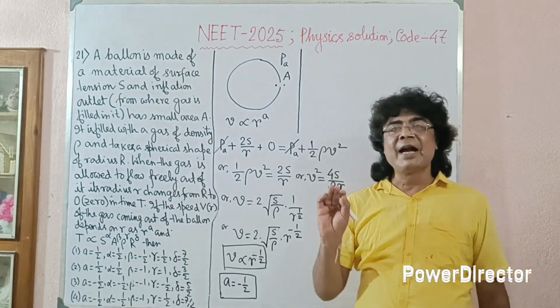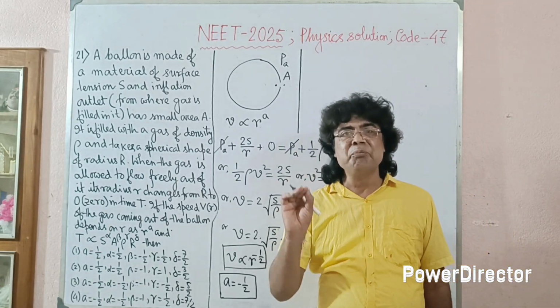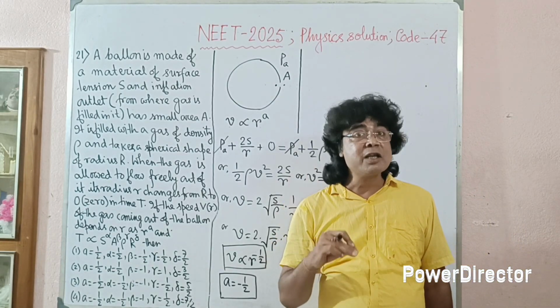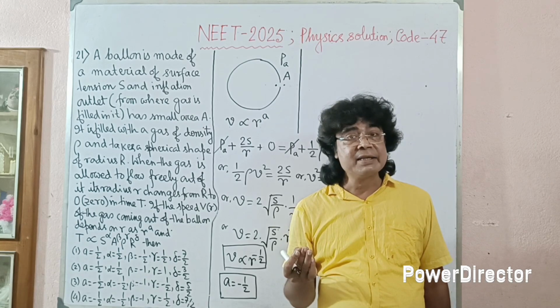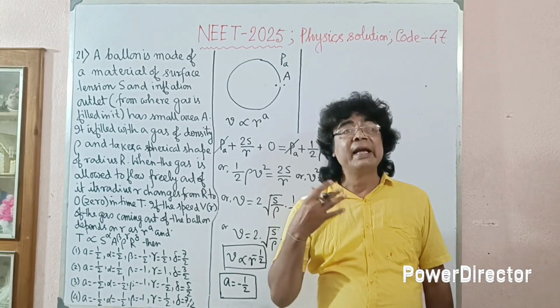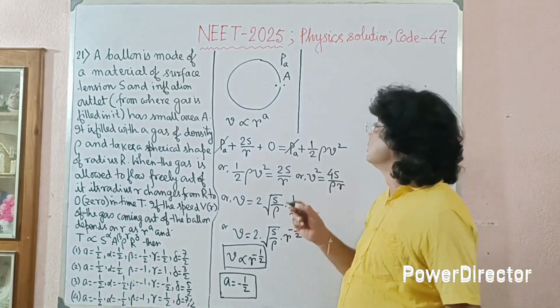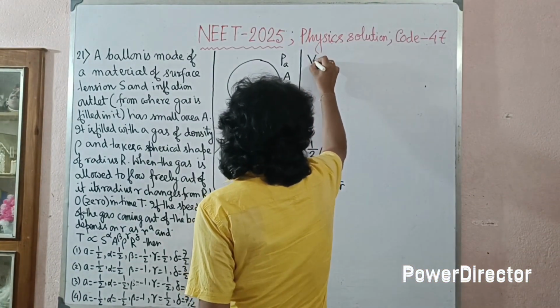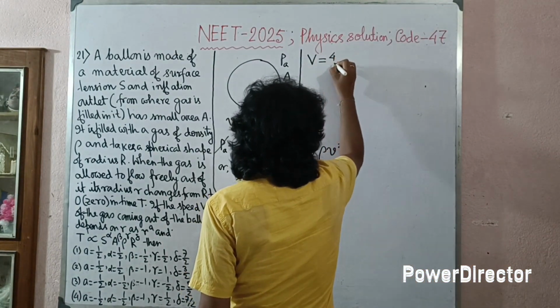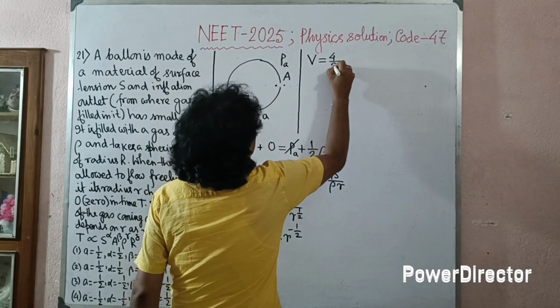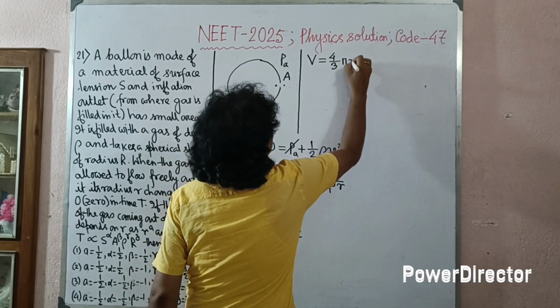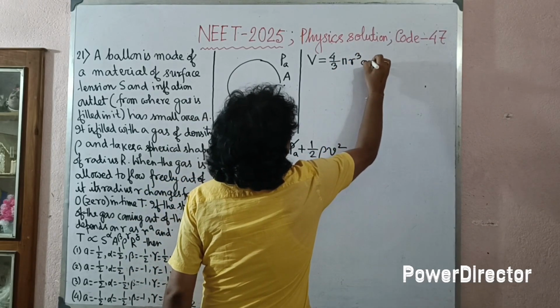Suppose at any instant of time t, the radius of the balloon is small r, then the volume of the gas V equal to 4 by 3 pi r cube.